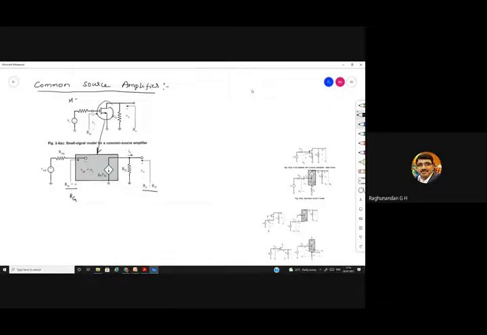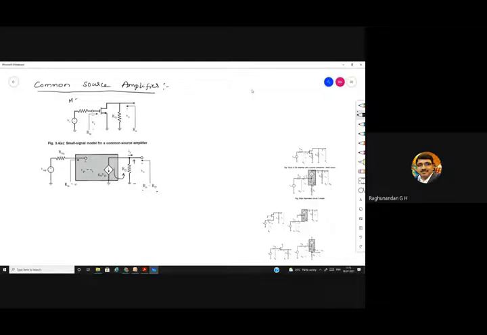Okay. Once we are done with this, if you have understood how to write this, then consider the current flowing across the drain resistance, because the current flowing across the drain resistance is the output current.